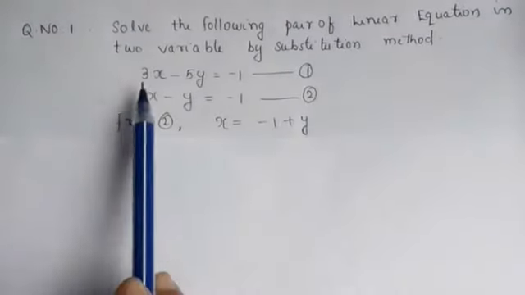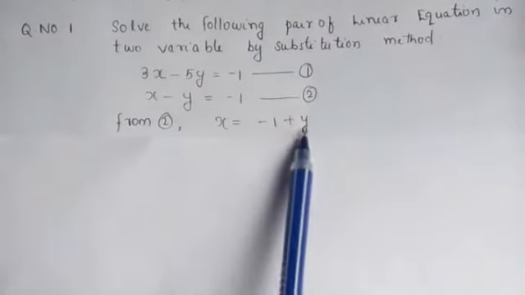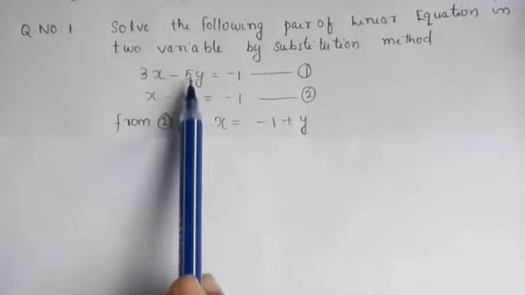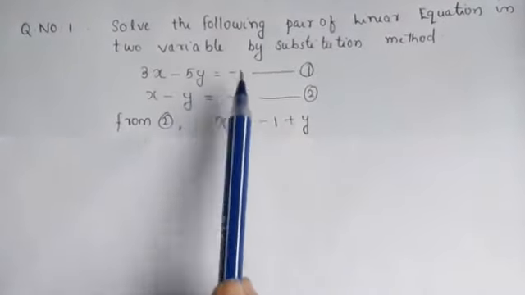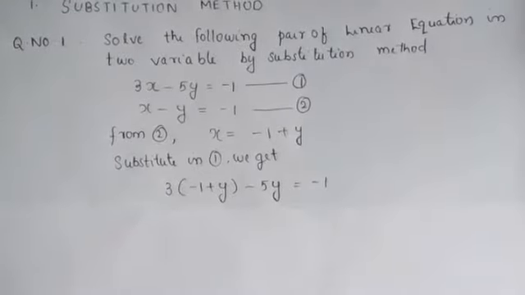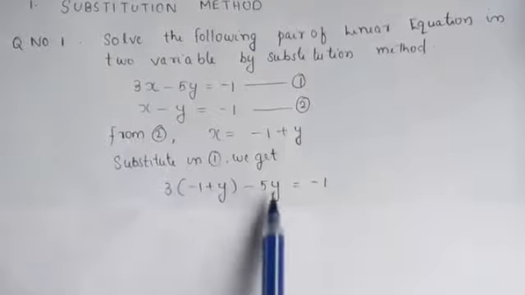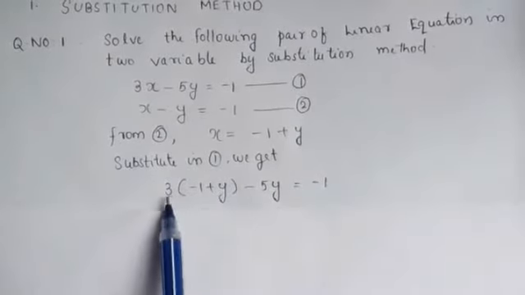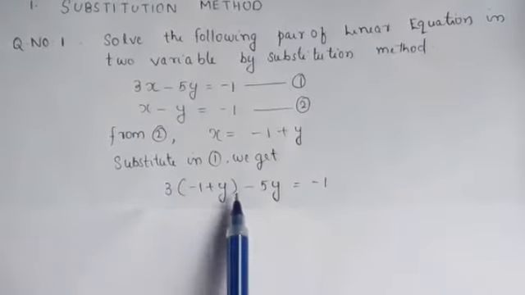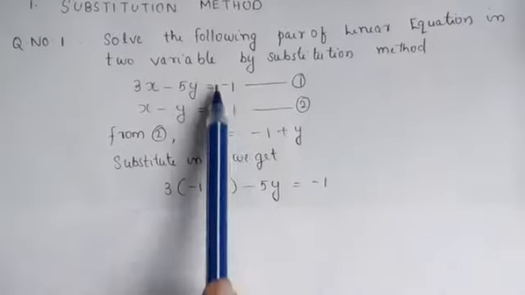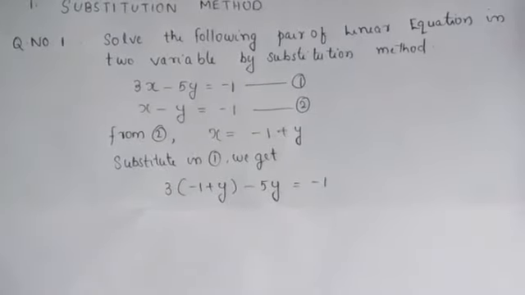So you will get 3 into minus 1 plus y, minus 5y is equal to minus 1.